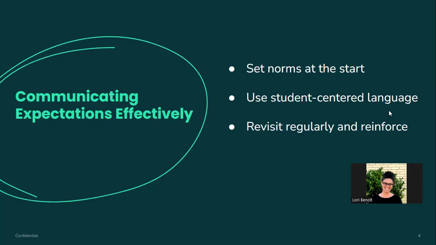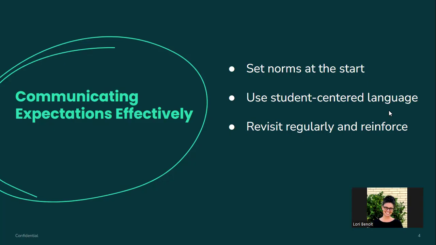Some key takeaways from communicating expectations effectively are to set those norms at the start, to regularly revisit them, reinforce them, hold students accountable for them, and then use student-centered language. Involve them in this process of communication. Also, when possible, make sure you frame everything in a way that's positive.